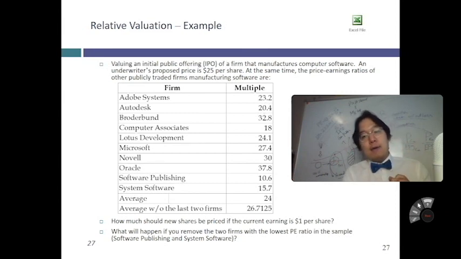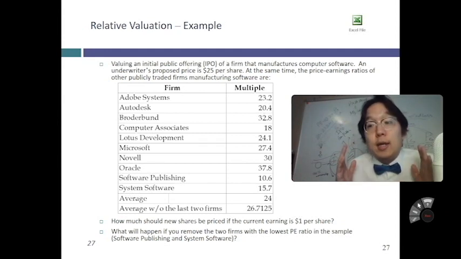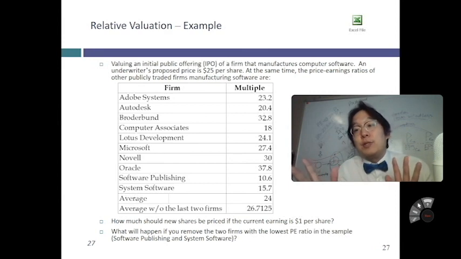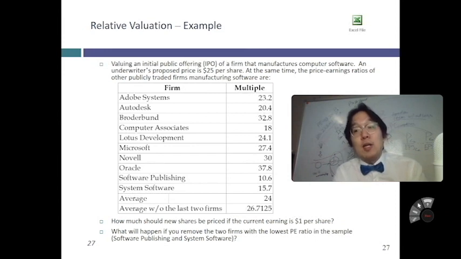After taking out those bottom outliers, the average would be 26.7 times. So all in all, in the software industry, for each dollar of net income, people in the stock market are willing to pay 26.7 times as a stock price.